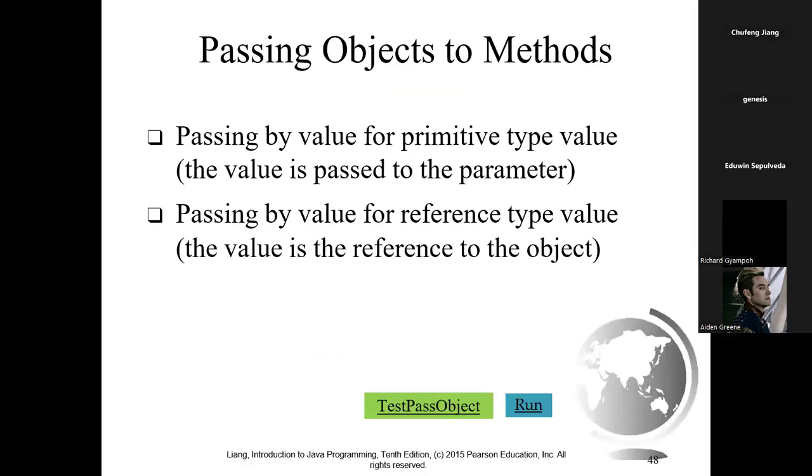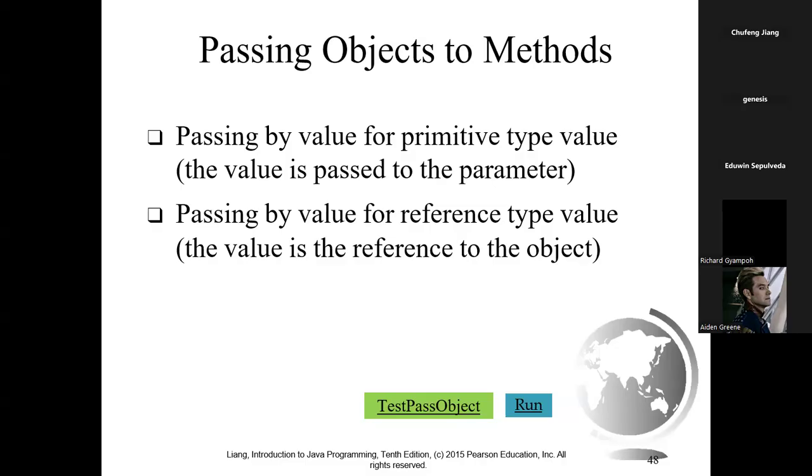Okay, let's talk about passing objects to methods. Initially, we talked about passing by value and passing by reference, right? We examined it in exam 2, and we also talked a little bit about it in last week's lectures. Let's talk about it more this time.